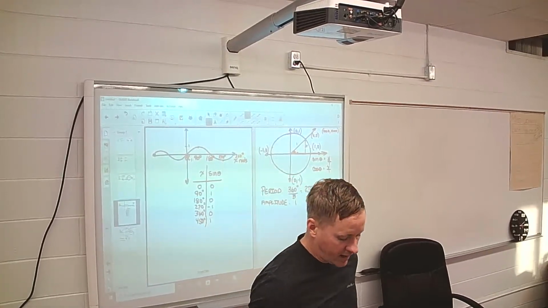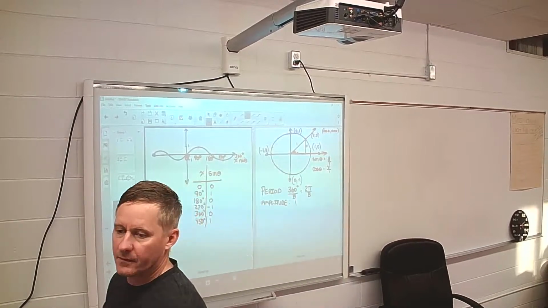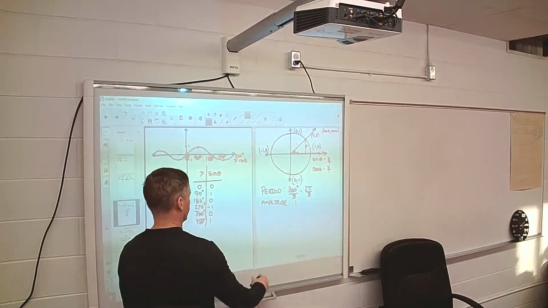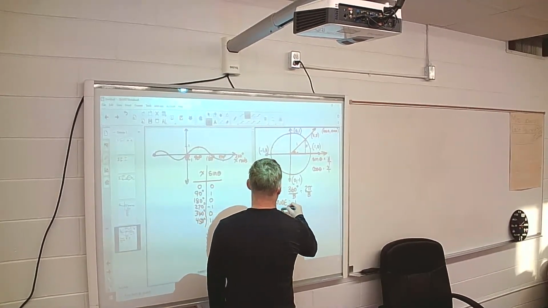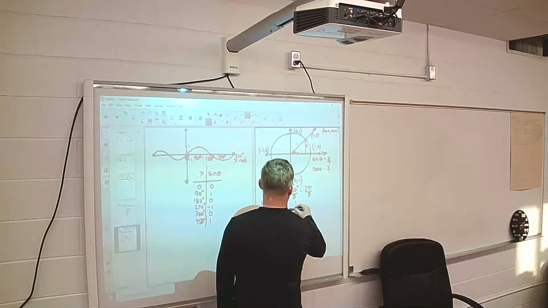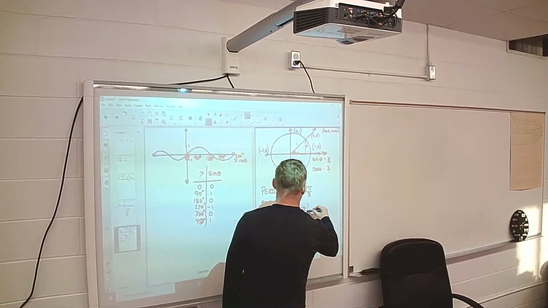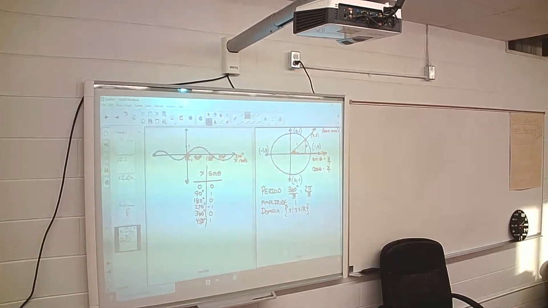I'll get to the cosine graph in a minute. The domain of this graph: x is an element of all real numbers. X is an element of all reals.